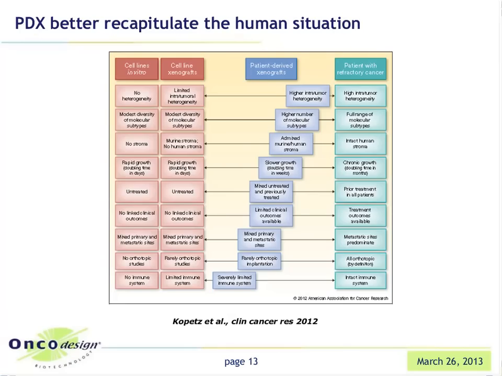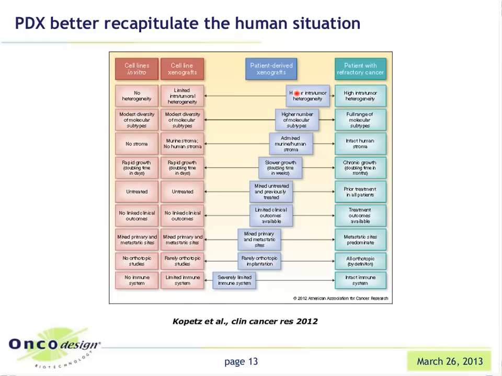Here, I took this cartoon from a publication in Clinical Cancer Research last year from Capet et al., comparing the different strategies to evaluate compounds before going to the clinic. And of course, there is the in vitro cell line, the cell line xenograft, and the patient-derived xenograft, which is a real link between the standard models and the patient in clinic.